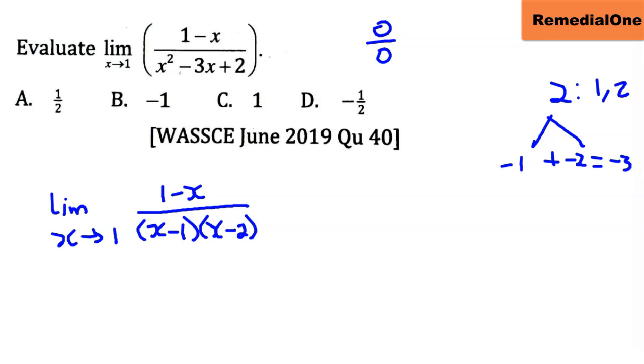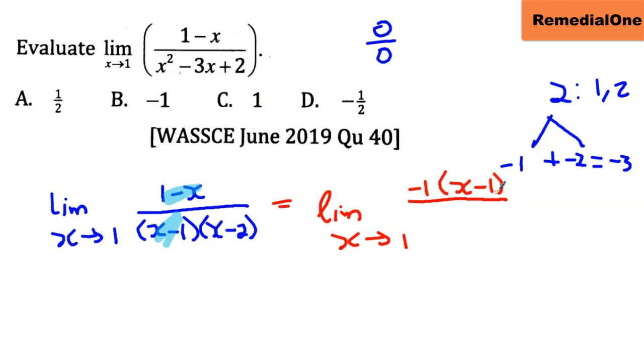So you check, see that this and this are looking the same, but it kind of is a little bit flipped. So you have to do something about it. So what we can do is flip this one by multiplying both sides by negative. So as the limit x approaches 1, we multiply the numerator by -1, we can flip this one to be that.